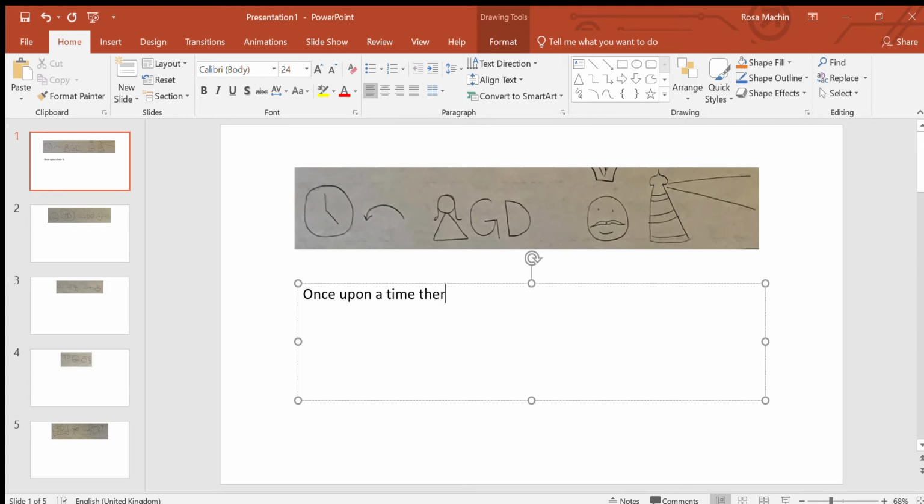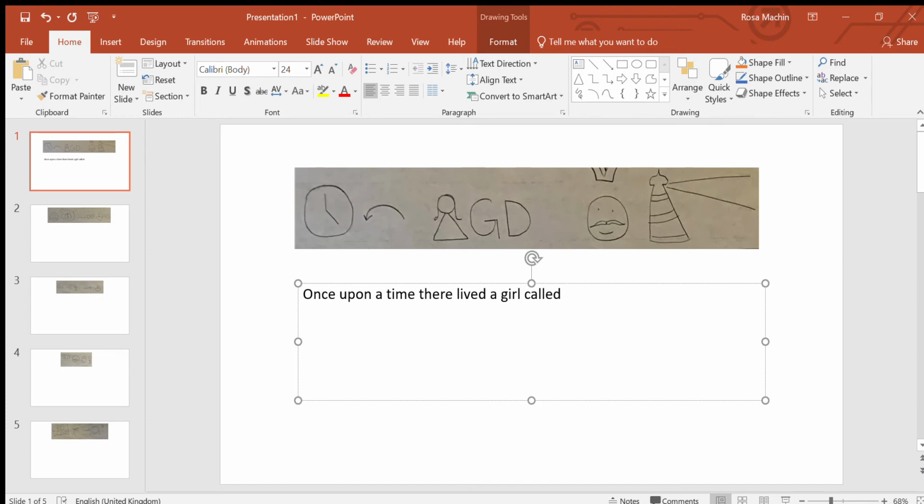Again, a red word. Lived. L, i, v, e, d. Lived. A again is a red word. Girl. G, i, r, l, girl. Got my I and my R making my sound. Girl. Called is another red word, so I'll just write that there.